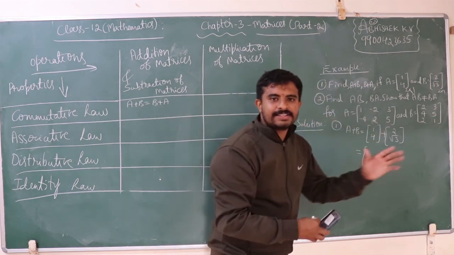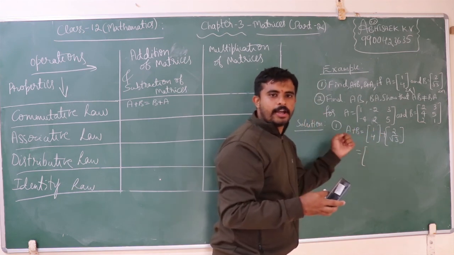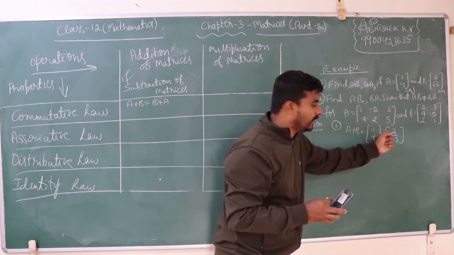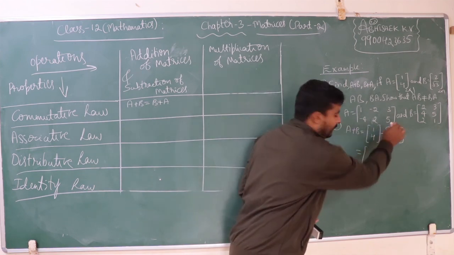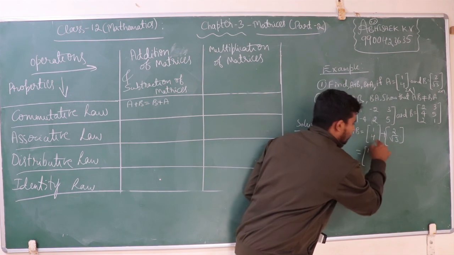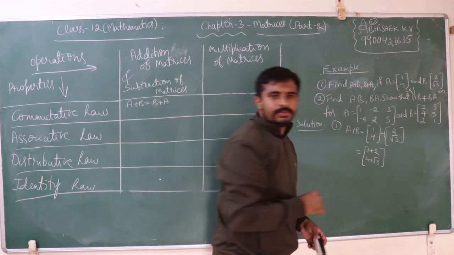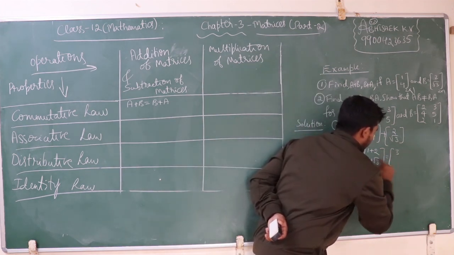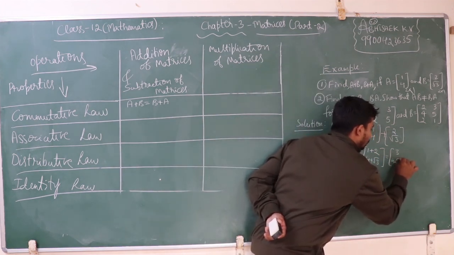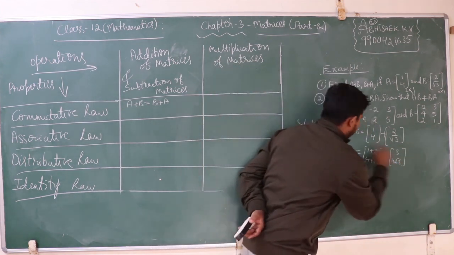Adding the corresponding elements. The first row, first column element of matrix A should be added with the first row, first column element of matrix B. 1 plus 2, then 4 plus root 3. Is it clear? What is 1 plus 2? This is 3. What is 4 plus root 3? This is 4 plus root 3 only. See, this is equal to what?